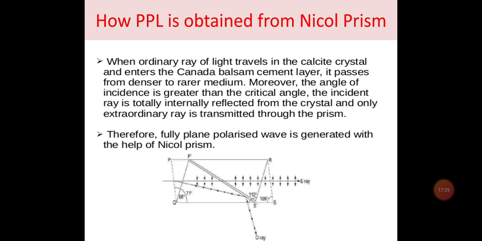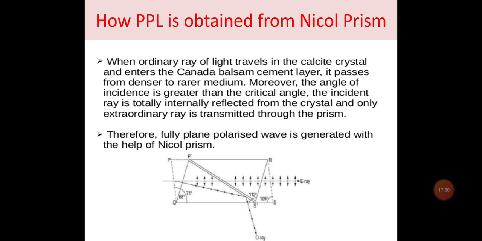And the second limitation is that if the incident ray makes a greater angle, then the E ray will become more and more parallel to the optic axis and its refractive index will increase, and it will also get eliminated due to TIR, and nothing will emerge from the Nicol prism.